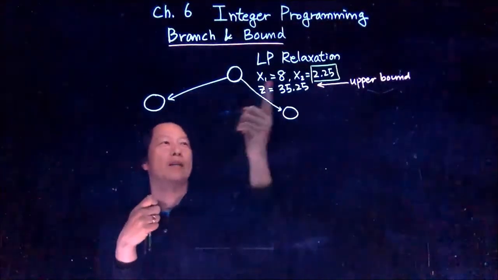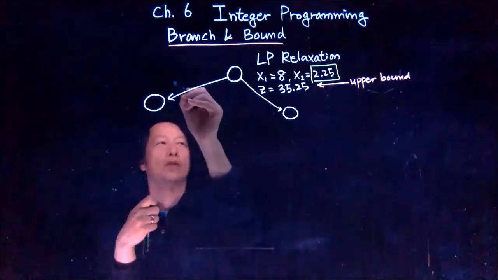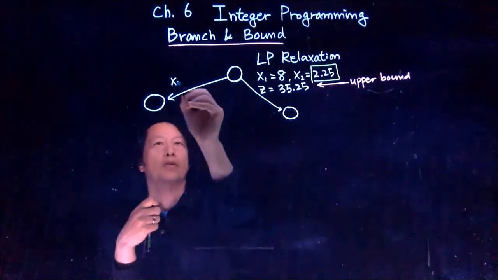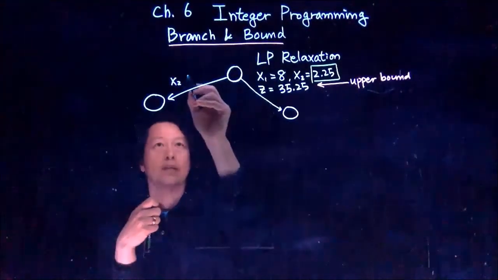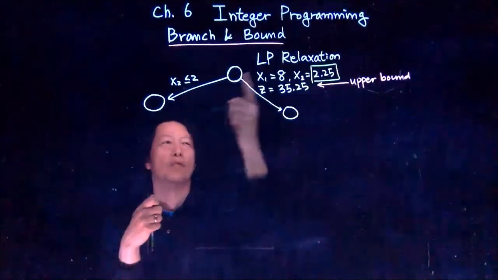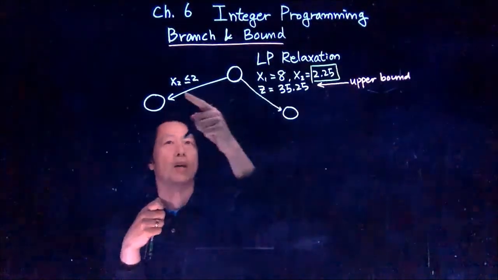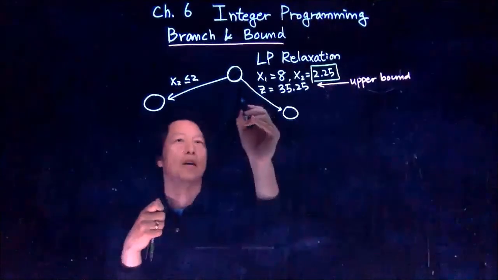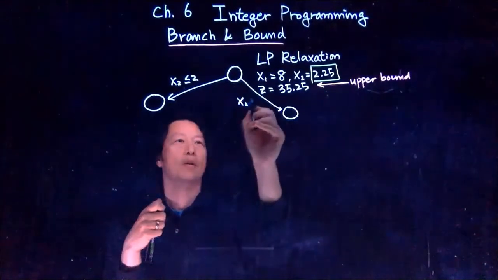We don't remove anything, but we will add the constraint x2 should be less than or equal to 2. So we added one more constraint to the original problem. We add more constraint here, and we add more constraint here.